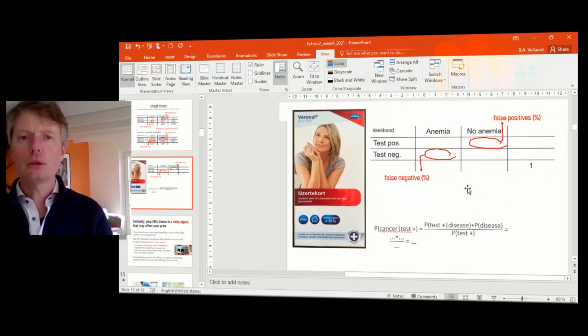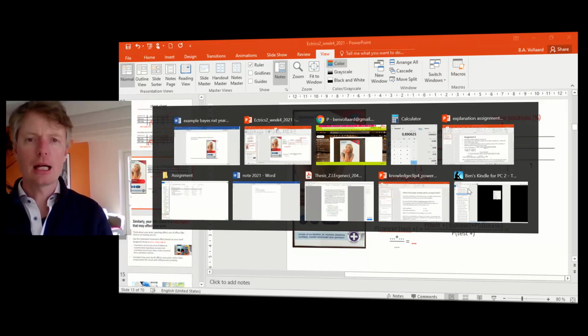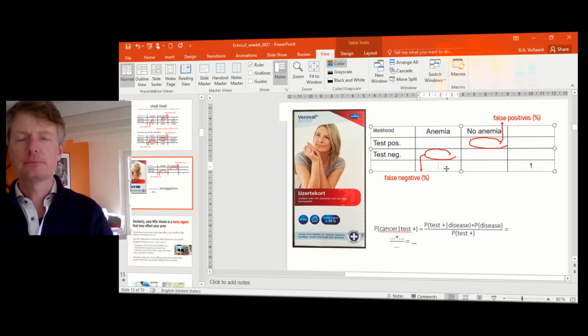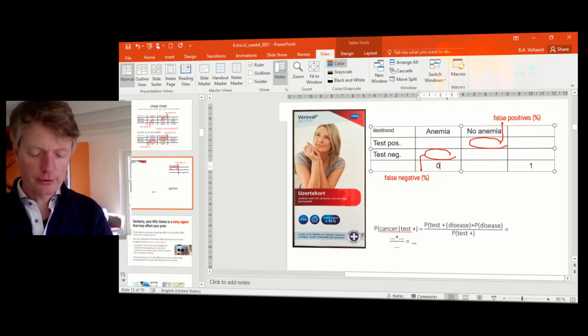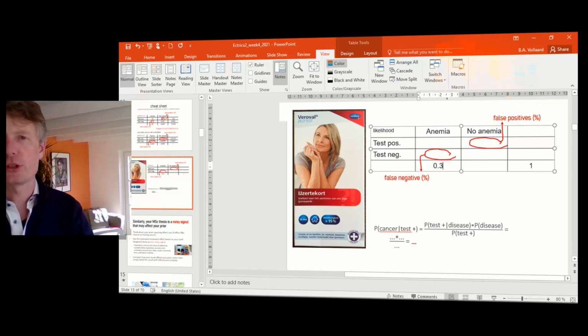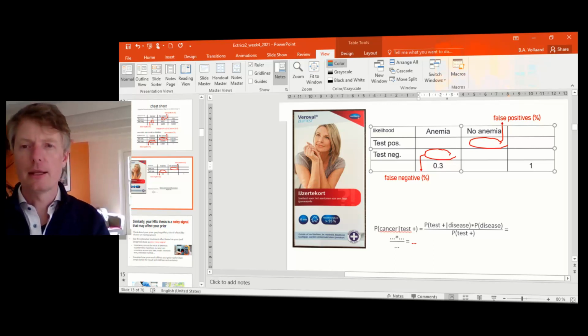Alright, so now let's see how it works, right? The chance of having anemia, which is pretty common, let's say that it's 0.3. Also given that I bought this test for a reason, I have a high chance of having anemia in the winter time. So this is obviously much larger than the 0.005 in the cancer case.